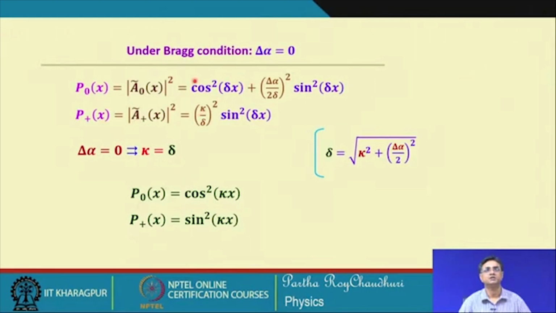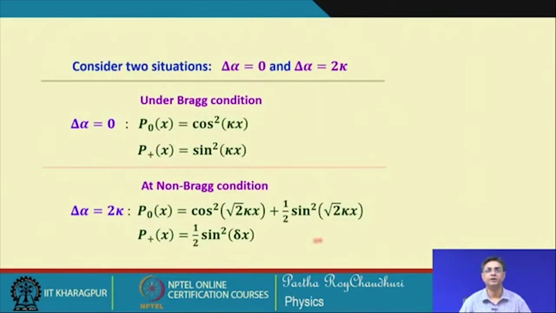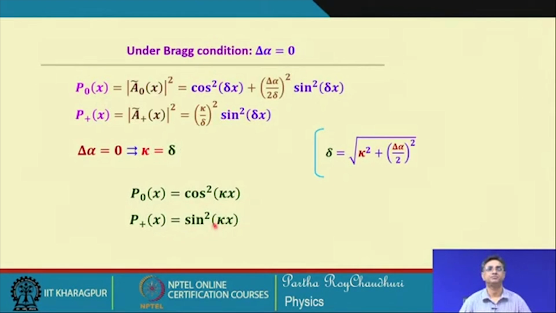So, this is the kind of power variation. We will look at the power variation curves to understand how much fraction of power can at best be coupled to the diffracted wave from the incident wave.